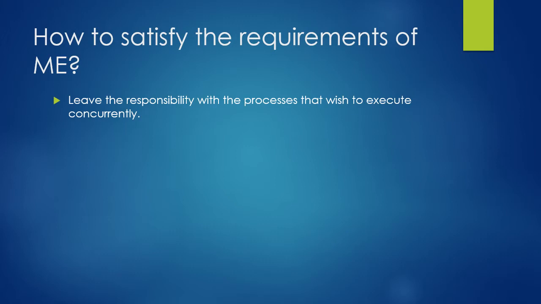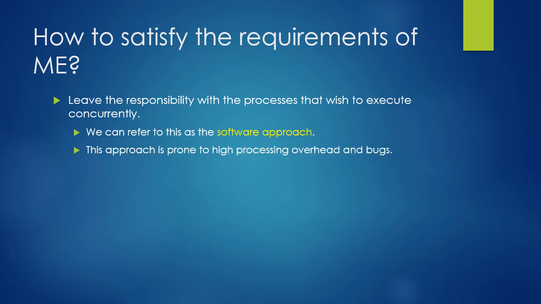Processes, whether they are system programs or application programs, would be required to coordinate with each other to enforce mutual exclusion with no support from the programming language or the operating system. We can refer to this as the software approach. This approach is prone to high processing overhead and bugs, so it is not used anymore.